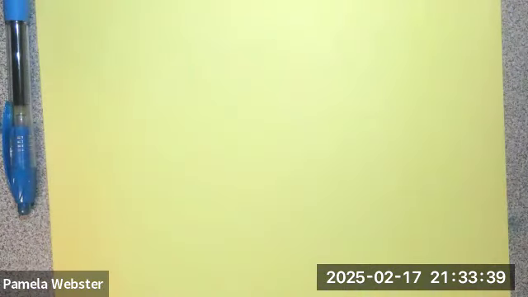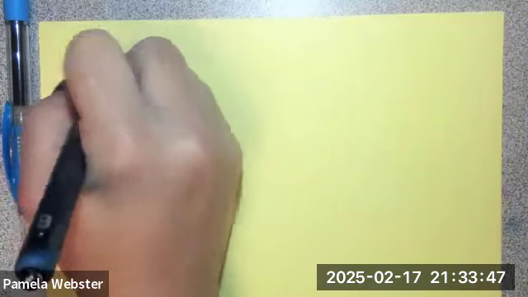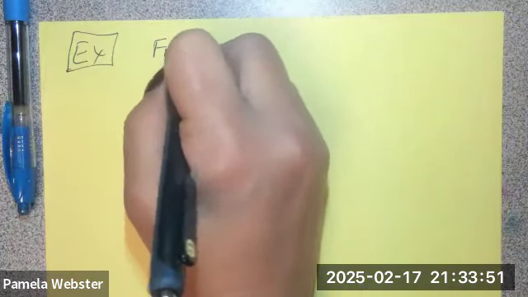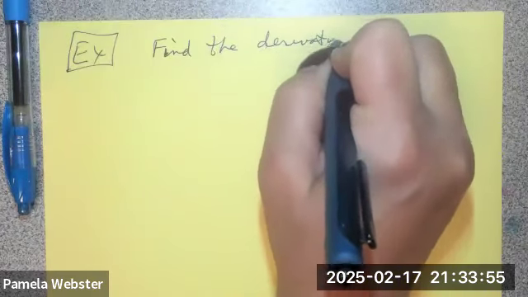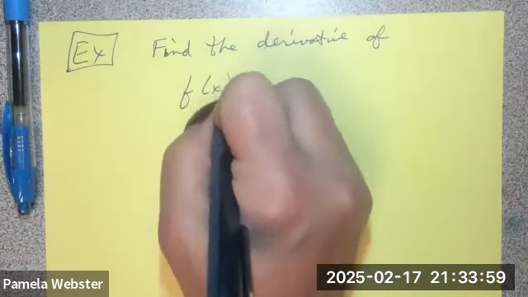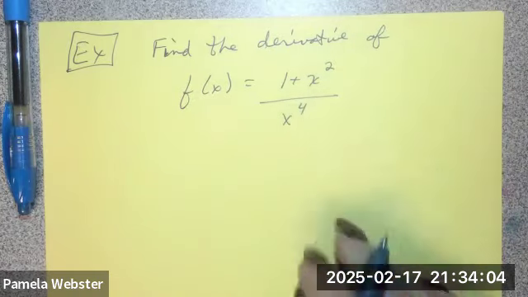Just real quickly, there is something that we're going to learn later in a couple of more sections called a quotient rule. The directions might say something like find the derivative of f of x equals 1 plus x squared over x to the fourth.